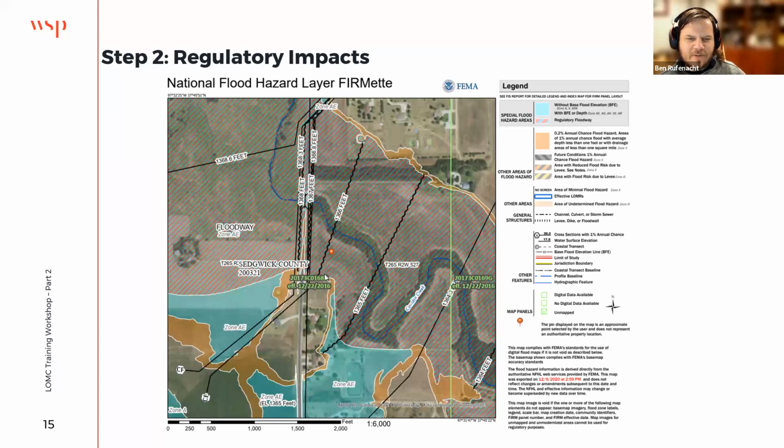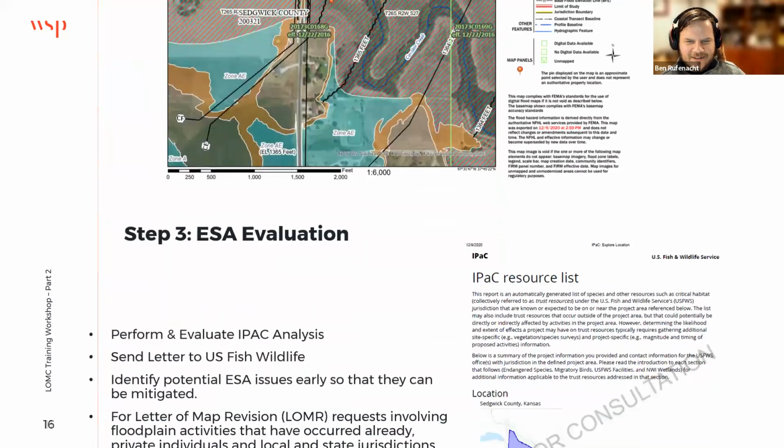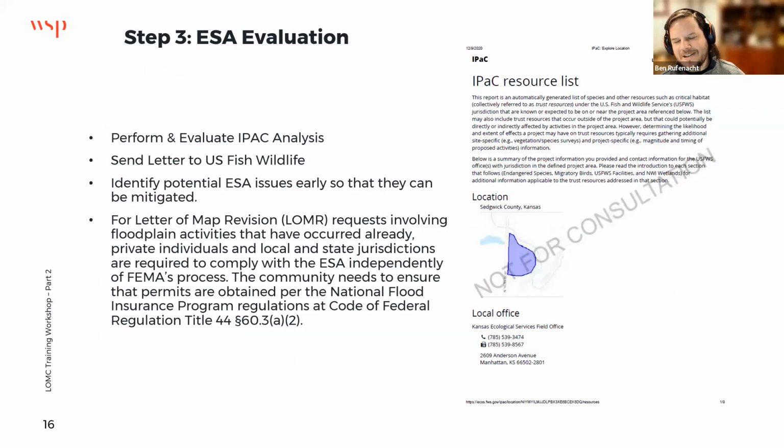But if you build in the floodway, you've got to go through this extra step of proving that you are not going to increase flooding anywhere. We'll talk a little bit more about 2D, where probably the biggest question with 2D modeling is how do we do no rise? That's still a little bit up in the air, but I will give my best interpretation of the current rules a little later.